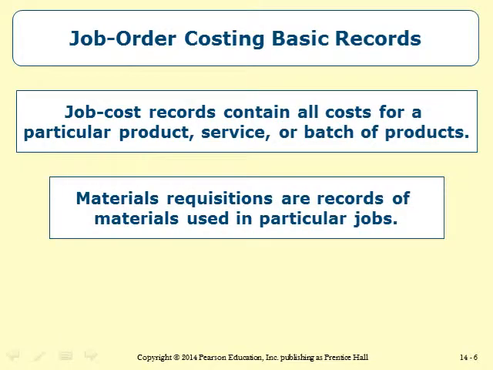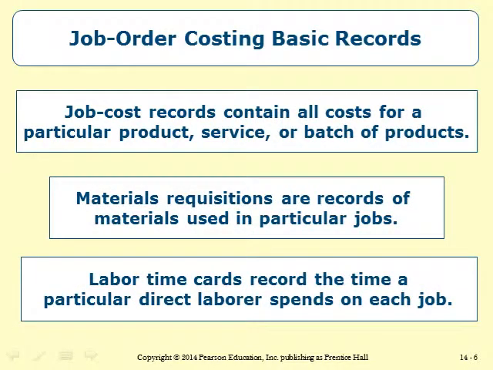So the centerpiece of a job costing system is the job cost record, also called the job cost sheet or job order. The job cost record contains all costs for a particular product, service, or batch of products. A file of job cost records for partially completed jobs provides supporting detail for the work in process inventory account, often simply called work in process.